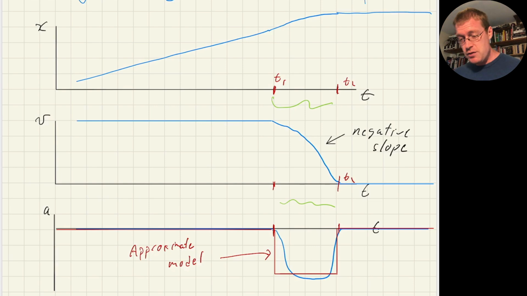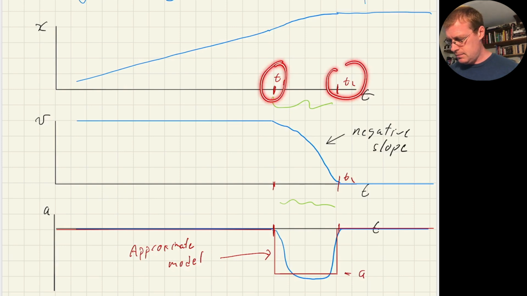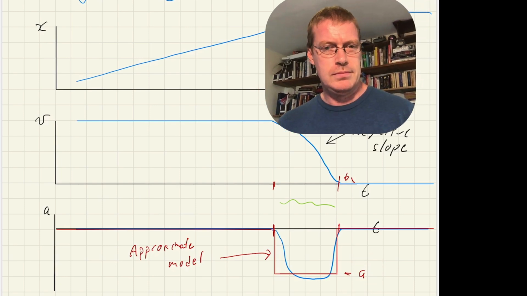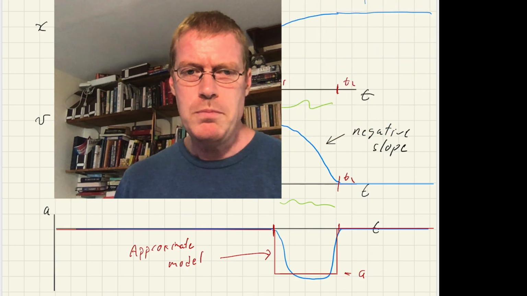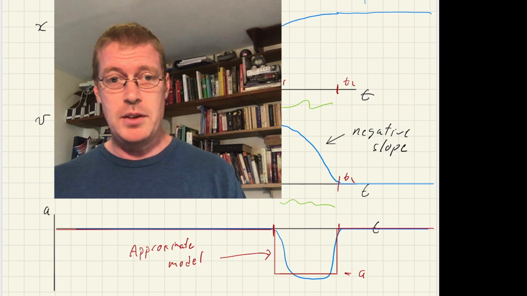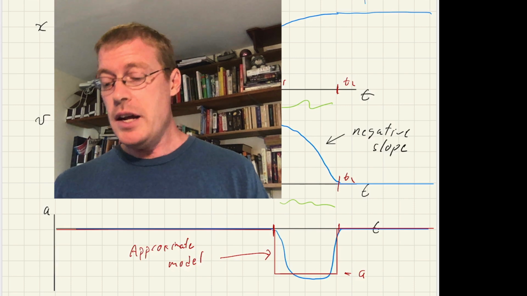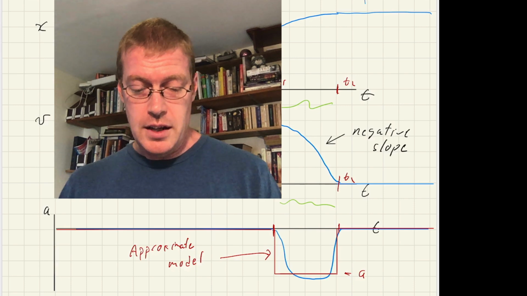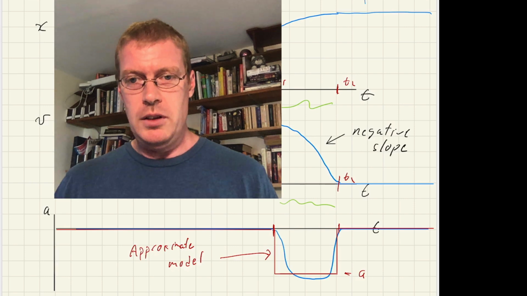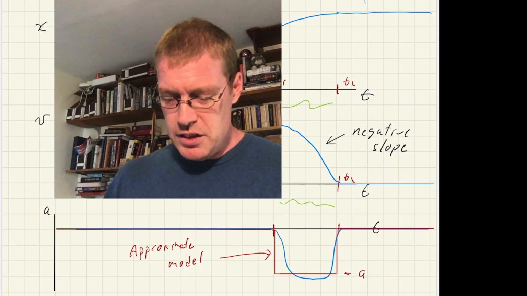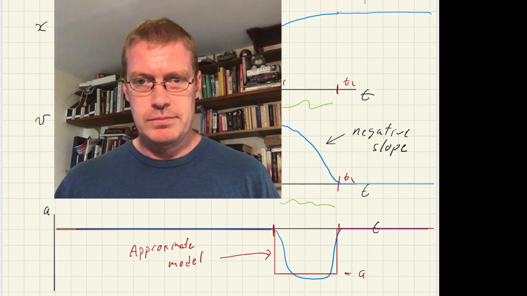The thing that makes it useful is that I've gone from having an infinite amount of information I have to tell you to just those three numbers, T1, T2, and A. Are there questions I could ask about this system which my model will not be able to answer? Of course, right? And so when modeling, you want to have enough detail in your model that you can answer the question you're interested in, but keep it simple enough that you're not overwhelmed with all of the details.